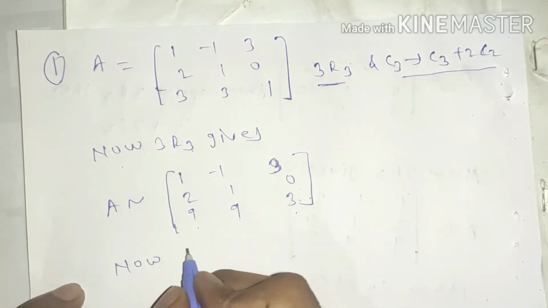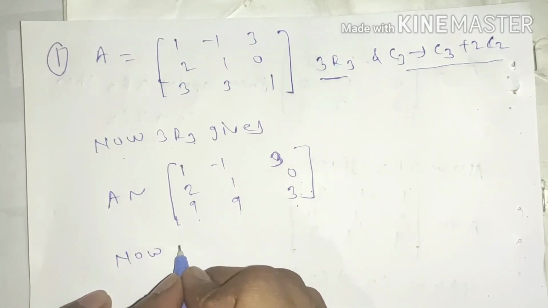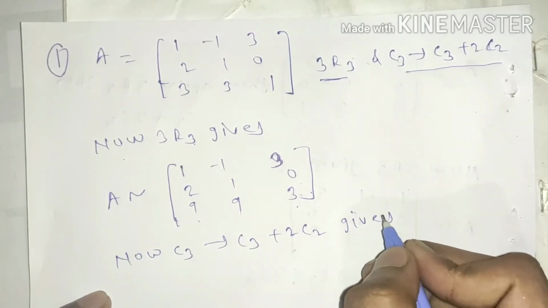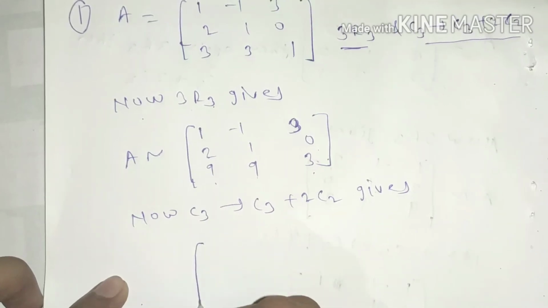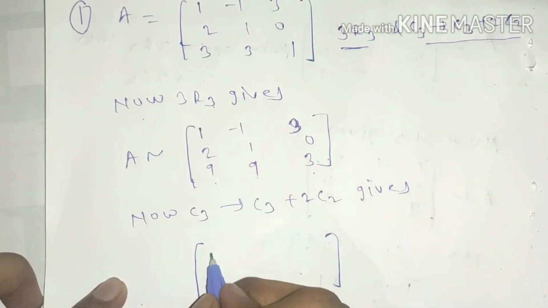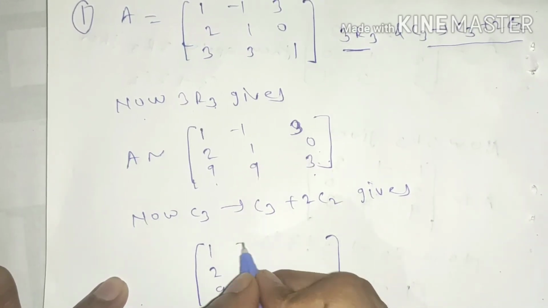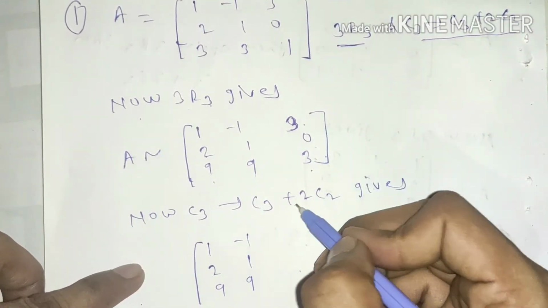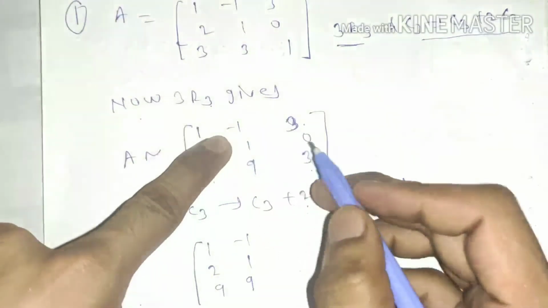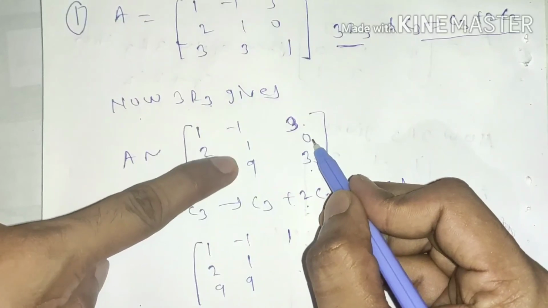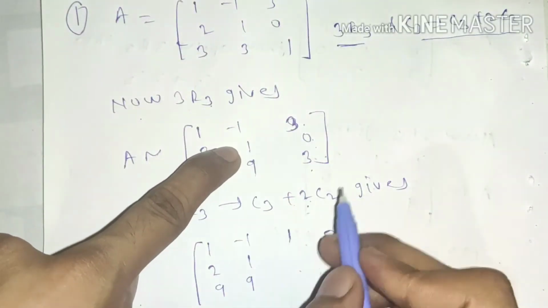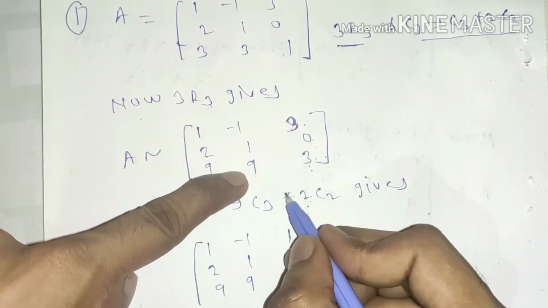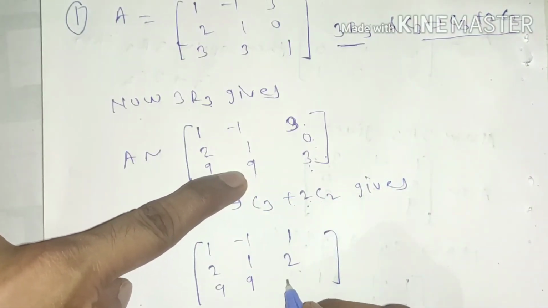Now we apply the second elementary transformation. It is C3 changes to C3 plus 2 times C2 gives, so here the first and second columns are the same, so 1 2 9, minus 1 1 9, and the third column will be 3 plus 2 times minus 1, that is 3 minus 2 is 1, 0 plus 2 is 2, and 3 plus 2 times 9, that is 18, 18 plus 3 is 21.